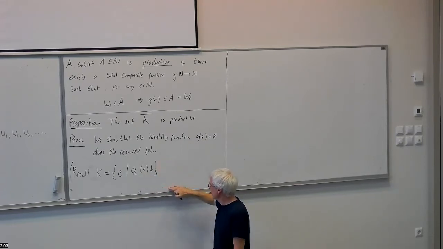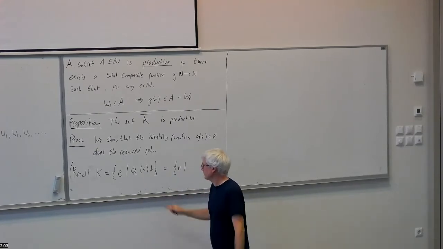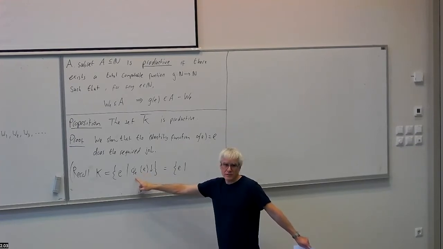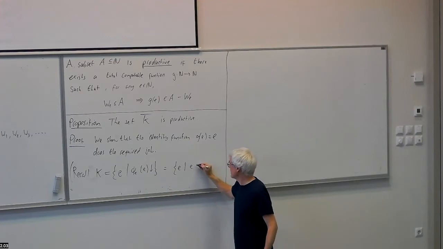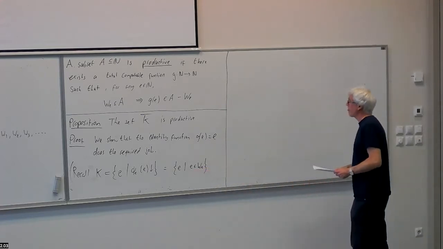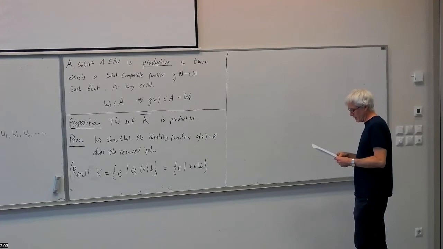I don't need to talk you through this again because we considered this a few lectures ago. But notice that another way of writing this is the set of all numbers E such that E is in the domain of the E-index computable function. So another way of writing this is that E belongs to the set WE, the computably enumerable set it indexes.